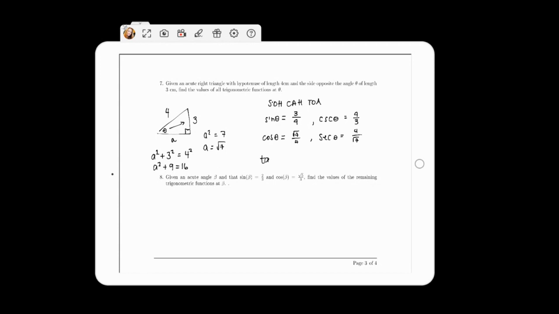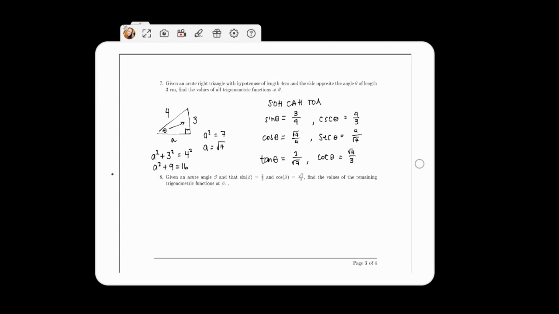Lastly, the tangent of theta is equal to the opposite over the adjacent, and the cotangent of theta is the reciprocal of the tangent. So this is how I can find all of the values of all of the trig functions of theta.